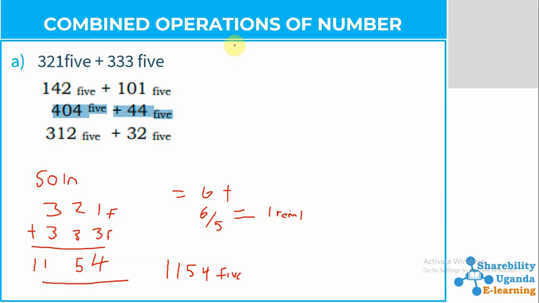Okay, so we have done that. Then we have another number, which is 4, 0, 2, then 4, 4.